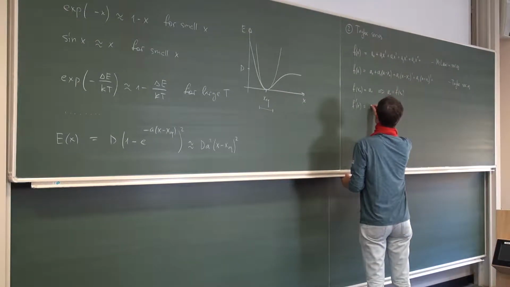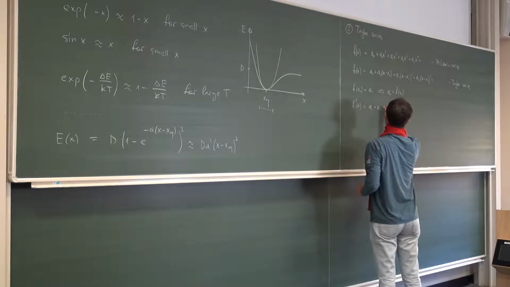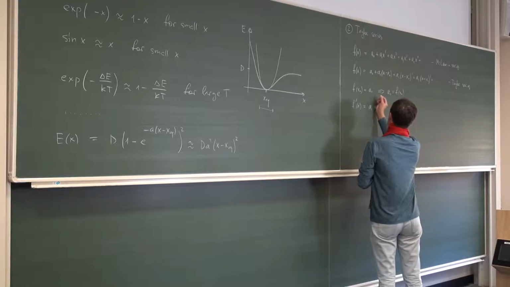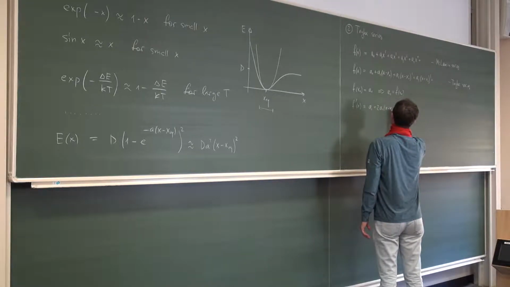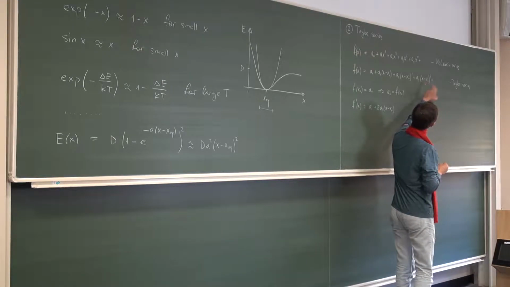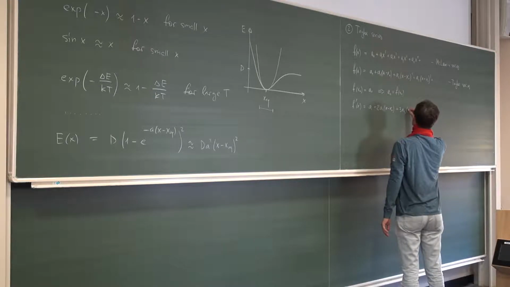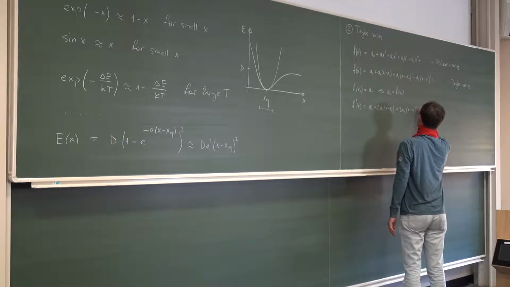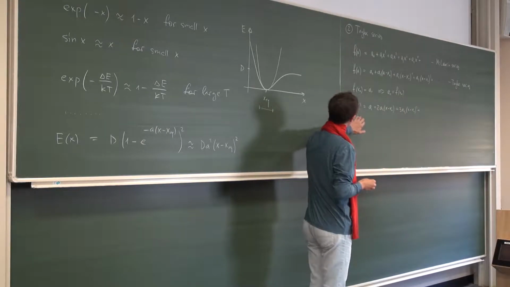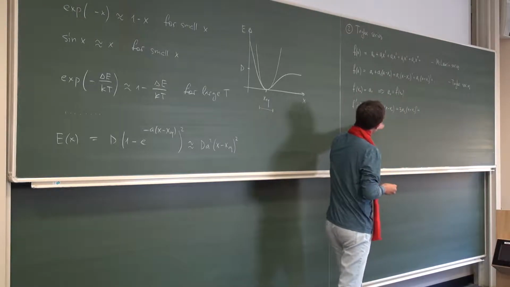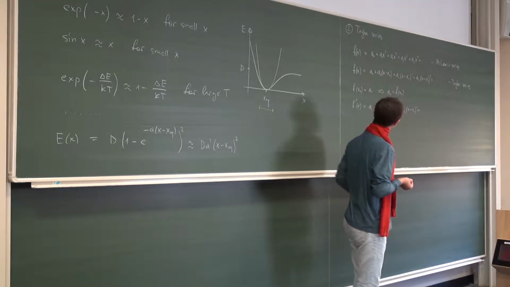So we will have a1 plus a2 times 2, because there was a square, times (x minus x0). The derivative of this is 3a3 (x minus x0) squared, and so on. So we computed the derivative.